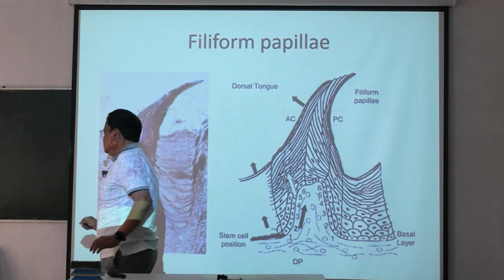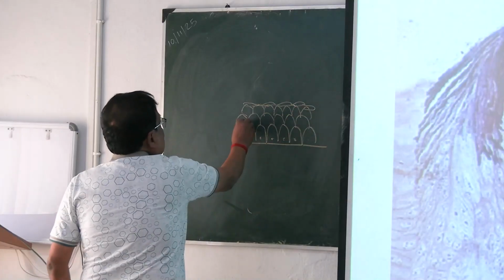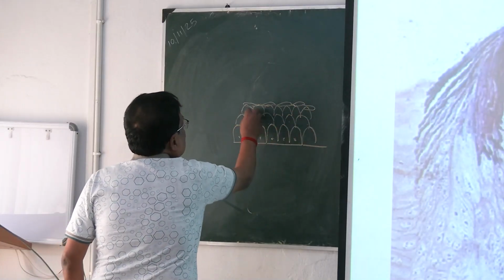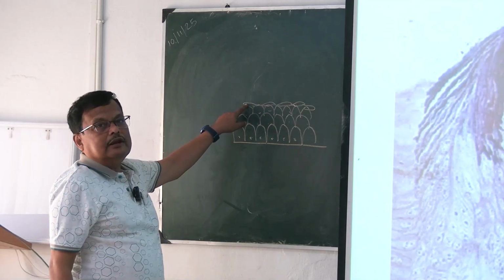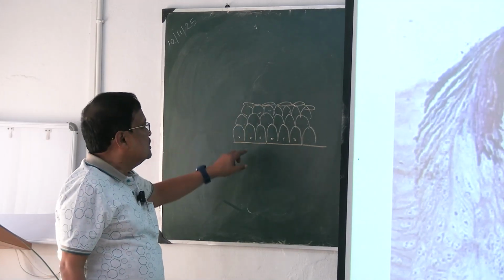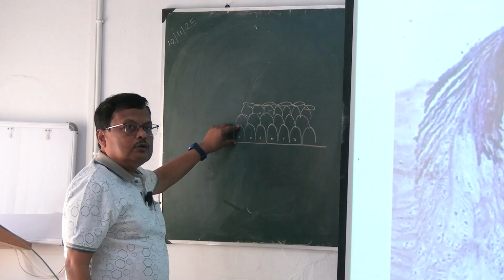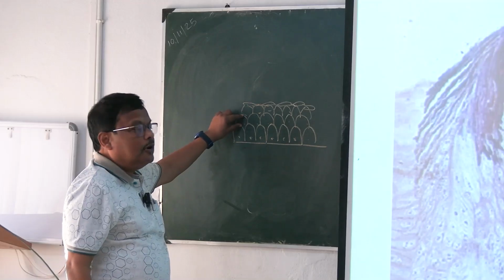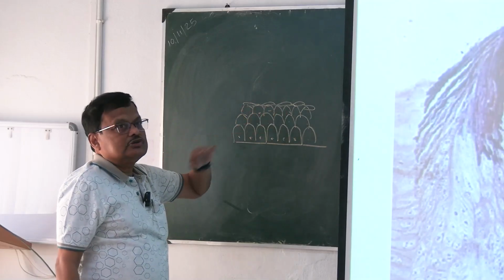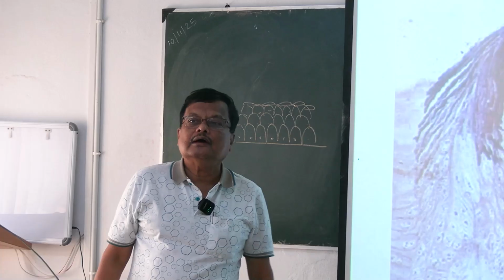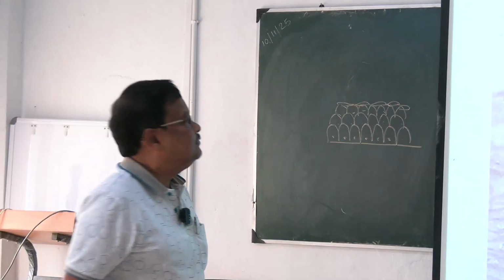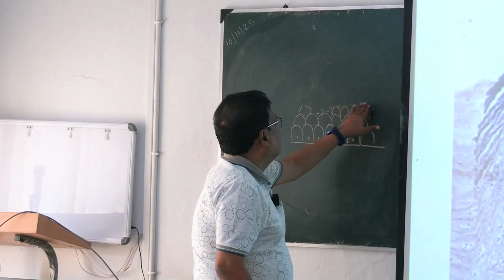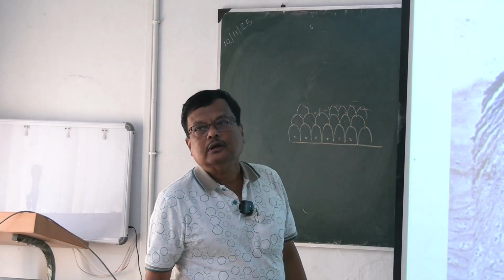Suppose it is a stratified squamous epithelium. Why is it squamous? The cells are columnar, no doubt, or polyhedral or cuboidal, but on the surface the layer is flat, squamous, so we call it stratified squamous. If the surface layer is cuboidal, we call it stratified cuboidal.